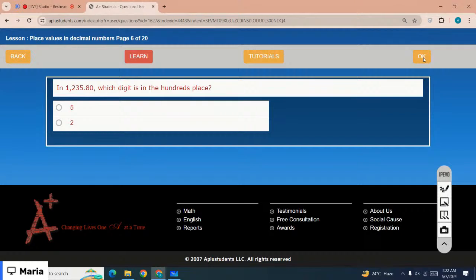In 1235.80, which digit is at the hundreds place, which is the correct option?